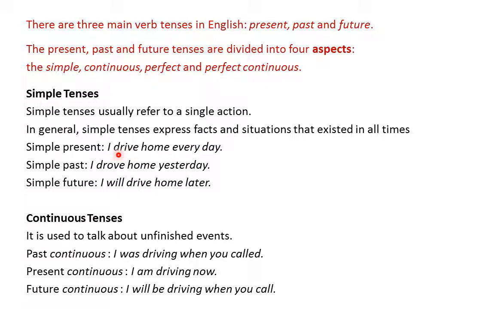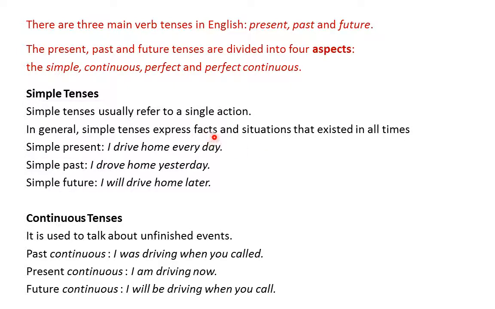So, I usually drive home every day. It is not something that happened in the past, it is not something that happened just now, and it is not something that will happen tomorrow only, but something that happens every day. So in this case, we will use simple present.